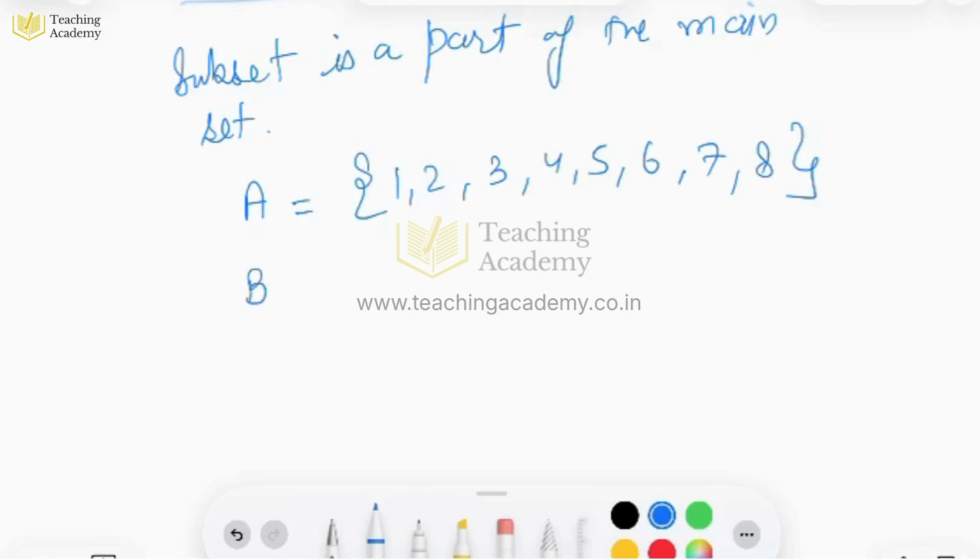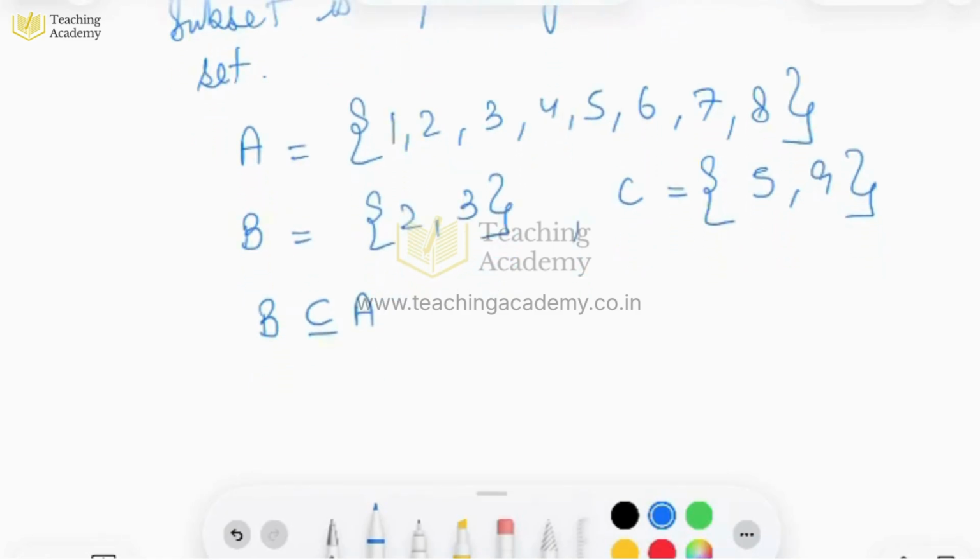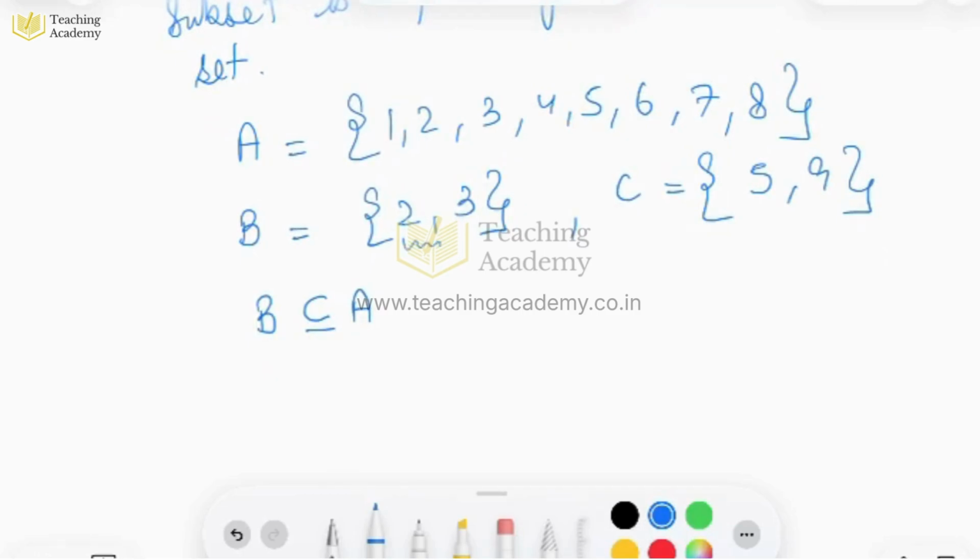And I'm saying that set B is 2, 3. Set C is 5, 9. And now I'm saying that B is a subset of A, which means that all the elements of B, like 2 and 3, are a part of this set. That's why we are calling B as a subset.